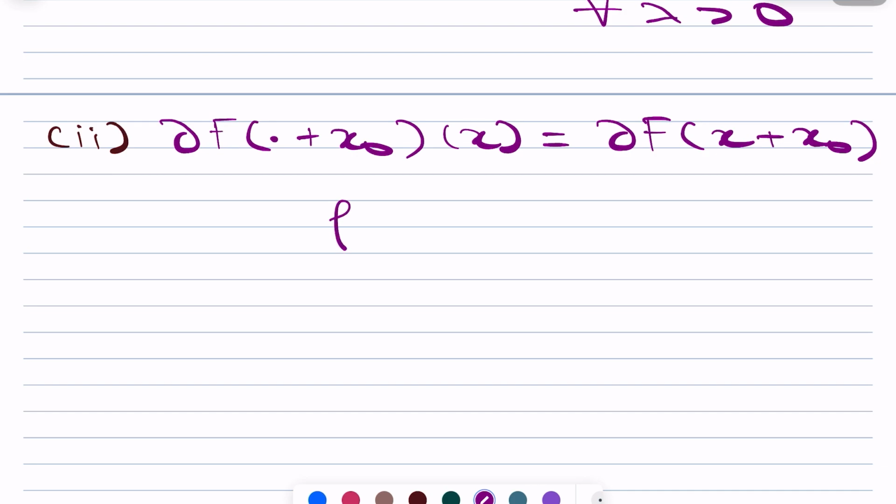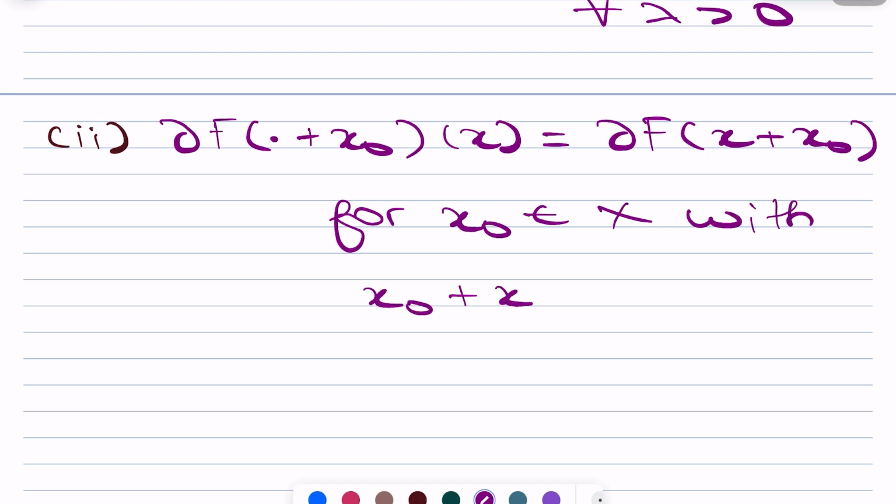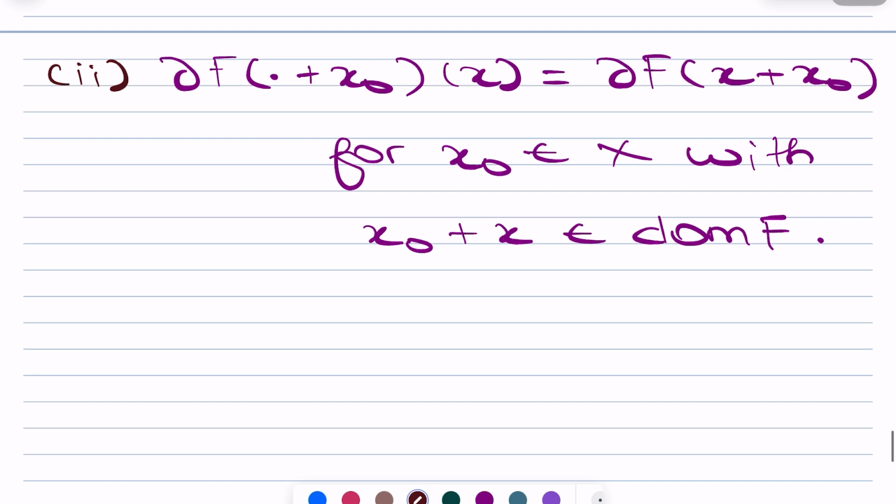This is of course for x0 in X, with x0 plus x being in the effective domain of F. Okay, so those are the first two properties that we have.